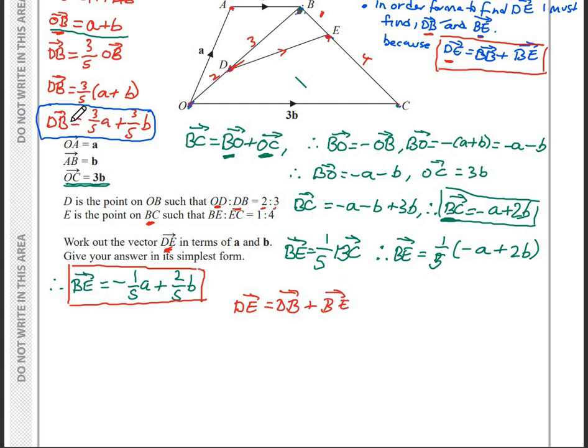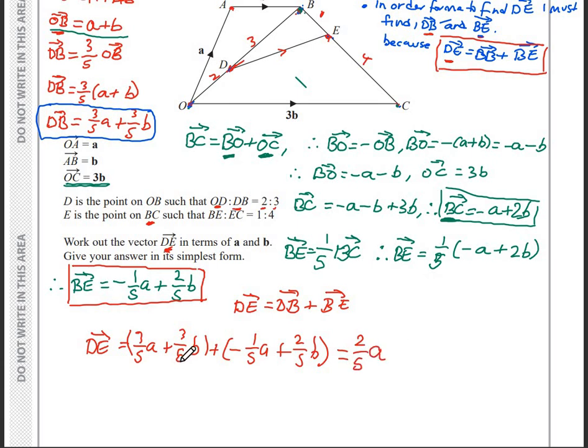Alright, so DE equals DB. And we found DB. DB is 3/5 A plus 3/5 B. So DE equals 3/5 A plus 3/5 B, plus, do that in brackets, plus BE, which is minus 1/5 A plus 2/5 B. Okay, and that gives us, we have 3/5 plus minus 1/5, so we're left with 2/5 of A. Then we have 3/5 of B plus 2/5 of B, which just gives us B plus B. And there's our answer.